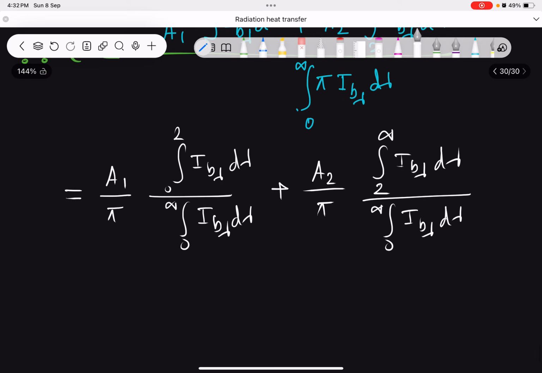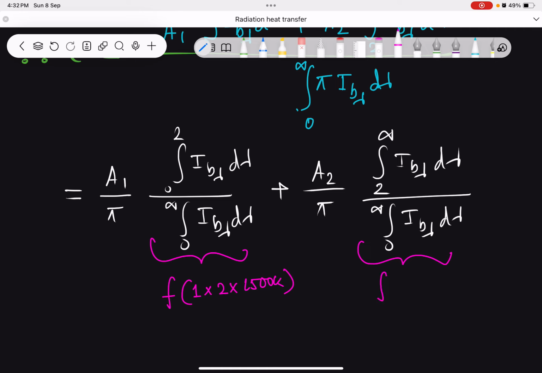Now this is the answer, and here we know that this is equal to actually f of n lambda T. So n is equal to 1, lambda is equal to 2, T is given as 1500 Kelvin.